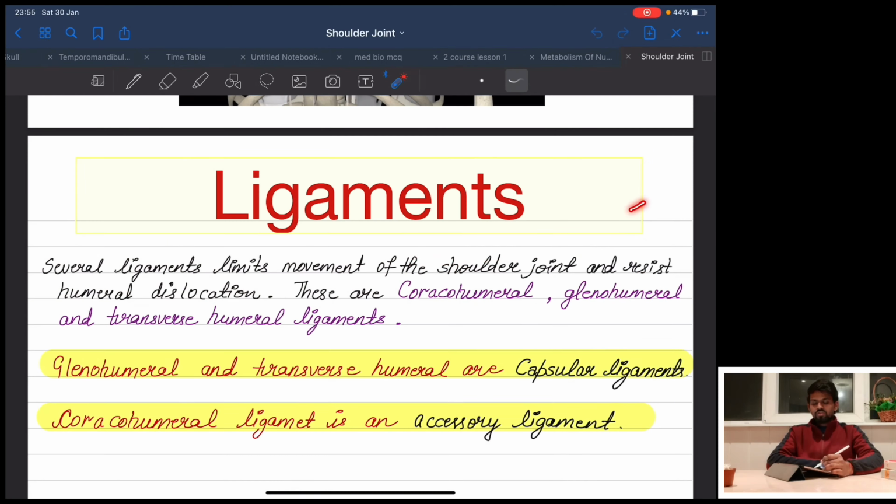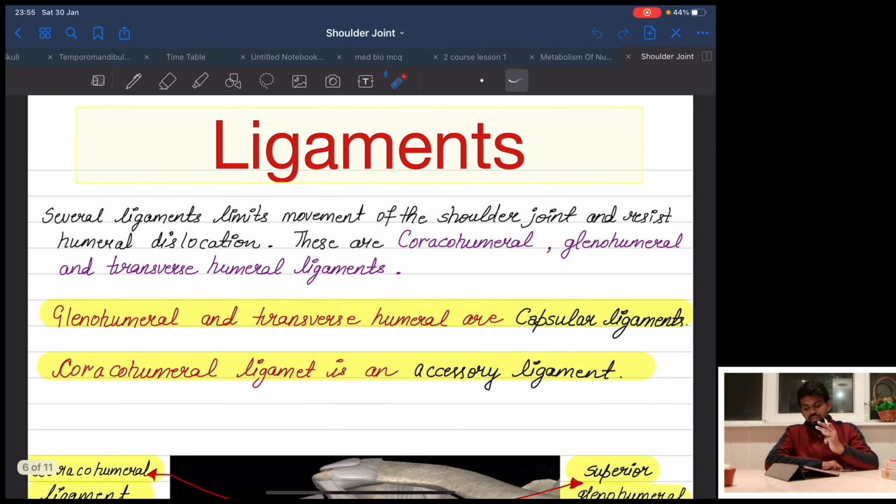The next topic of this video is the ligaments of the shoulder joint. There are three ligaments: the coracohumeral ligament, the glenohumeral ligament and the transverse humeral ligament. Firstly, the glenohumeral and transverse humeral ligaments are capsular ligaments.